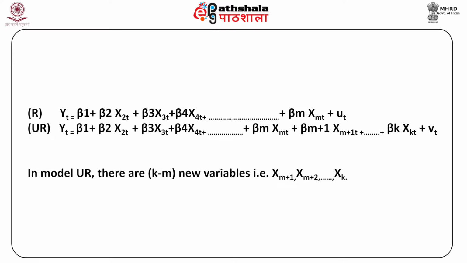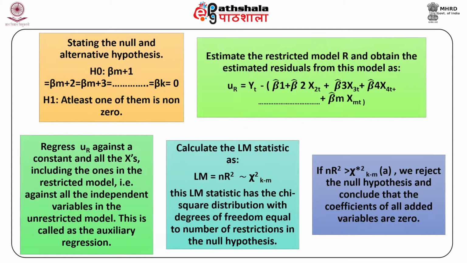The unrestricted model: yt is equal to beta 1 plus beta 2 x2t plus beta 3 x3t plus beta 4 x4t till beta m xmt plus beta m plus 1 x m plus 1t going till beta k xkt plus vt. In the unrestricted model, there are k minus m new variables, that is x m plus 1, x m plus 2 till xk. The steps for LM test can be described as below.